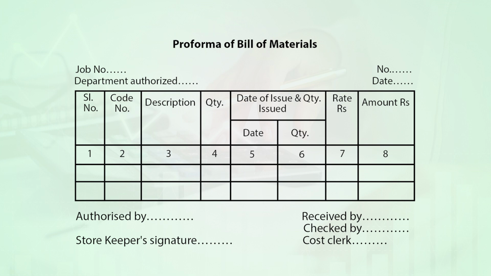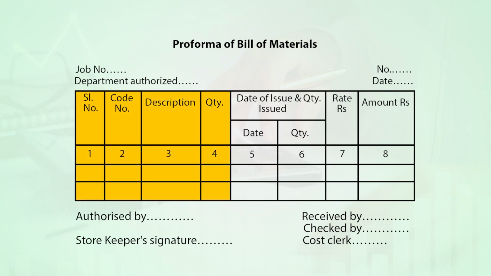This bill of material is authorized by the authorized person. It is to be received by the person who is responsible, checked by the inspection department, and the cost clerk should also sign on this bill of materials, and it also has the signature of the storekeeper.